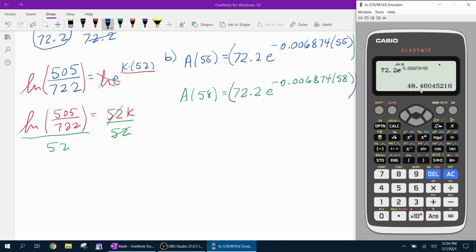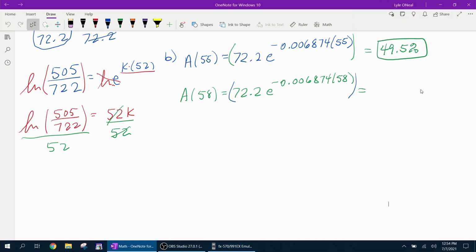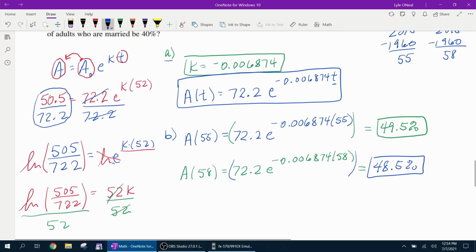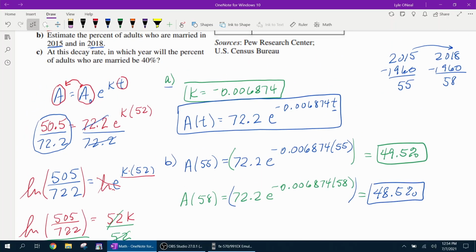And that's 48.5%, which is even fewer than in 2015. So there's the answers for part B. This is the percent in 2015. This is the percent in 2018.